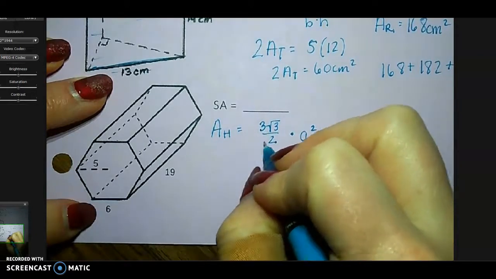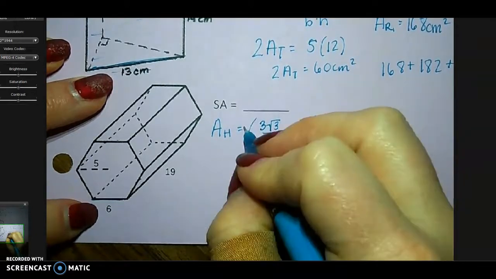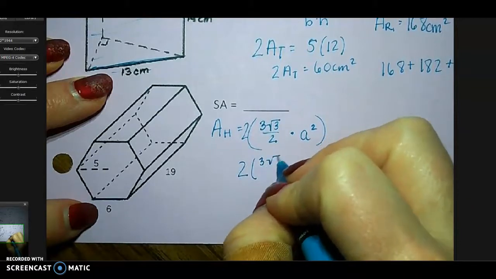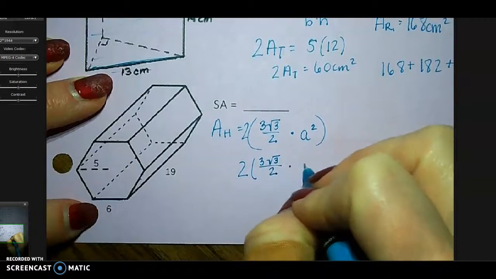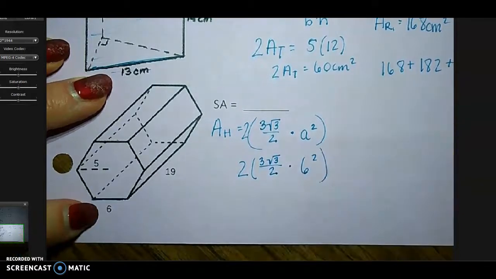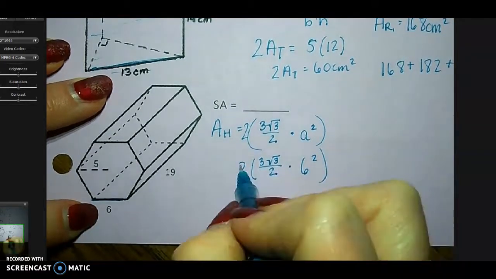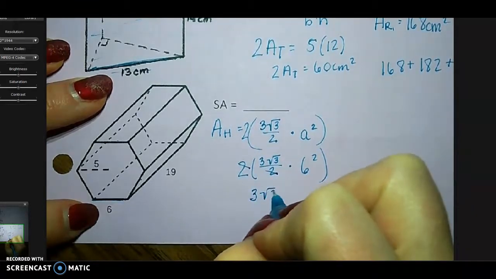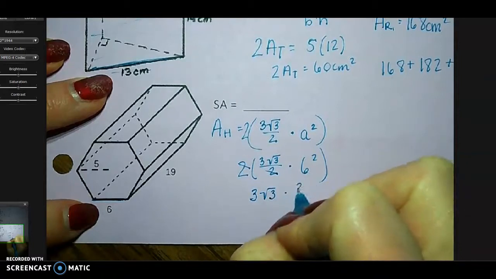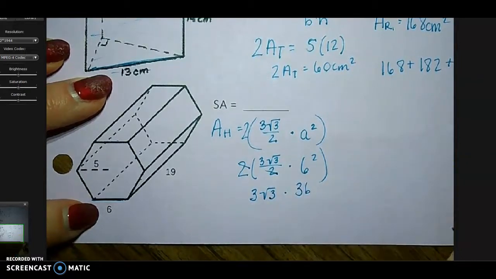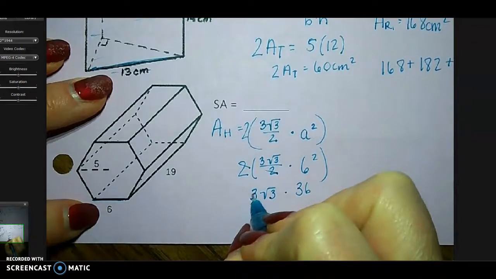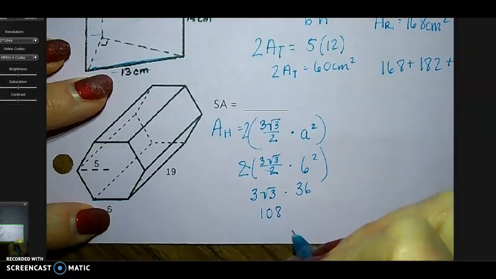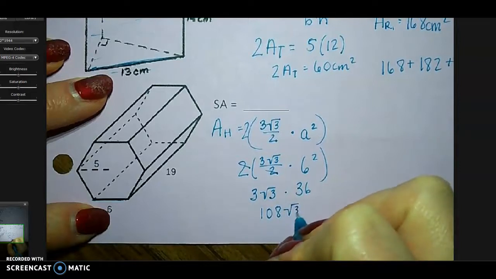So we're going to have 2 of these, so I'm going to multiply by 2. Now, what you might notice is that these 2's are going to cancel out. So now I have 3 radical 3 times 36. So I would do 3 times 36, and I will get 108 radical 3.